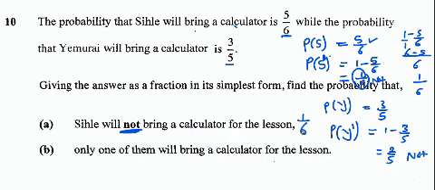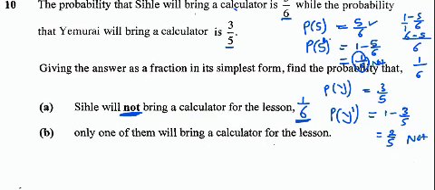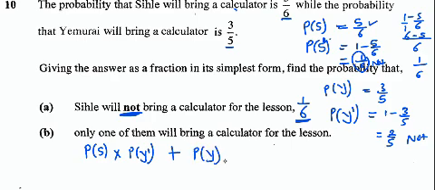And then only one of them will bring a calculator. So we just calculate in such a way that if one brings, the other one will not. So if Sihle brings a calculator, Yemurai will not bring a calculator, plus if Yemurai brings a calculator, Sihle will not.